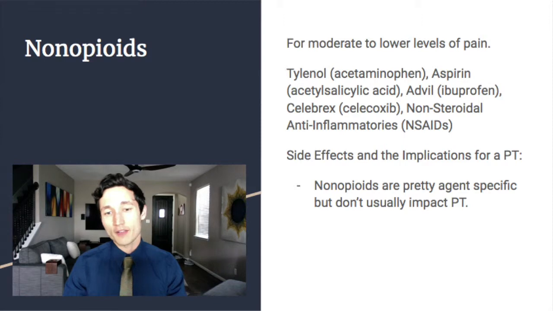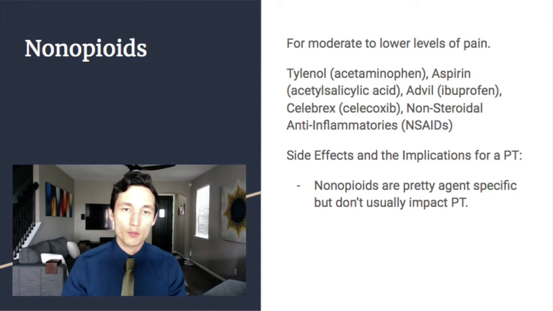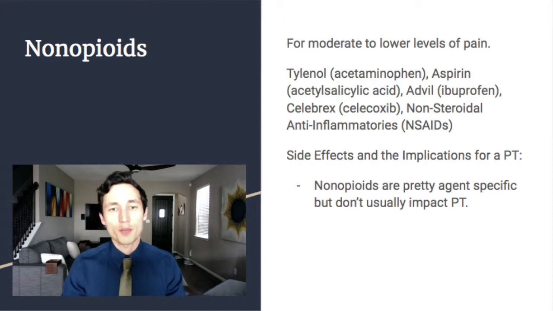It is an anti-inflammatory and it can also reduce fevers. Celebrex is an NSAID, but it's not really known for its anti-inflammatory properties. Those are relatively insignificant. It's primarily just used to treat minor to moderate levels of pain.